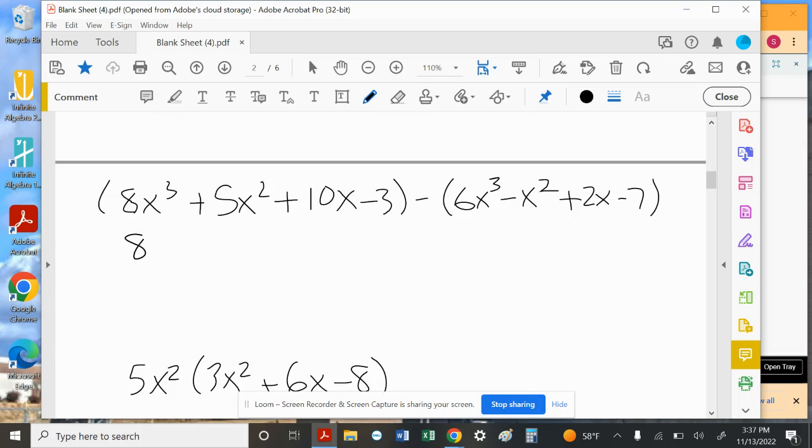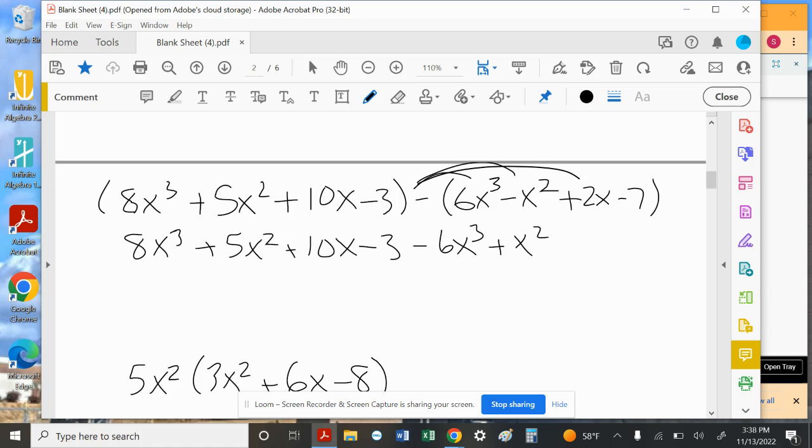So I have 8x cubed plus 5x squared plus 10x minus 3 minus 6x cubed plus x squared minus 2x plus 7. And then we can combine terms. So 8 minus 6 is 2x cubed.